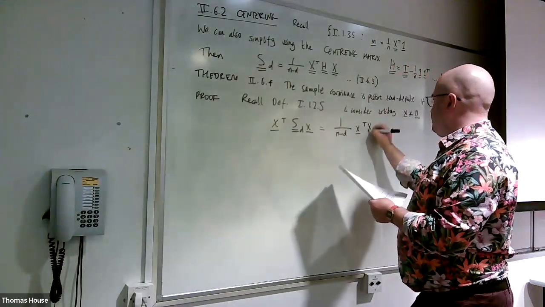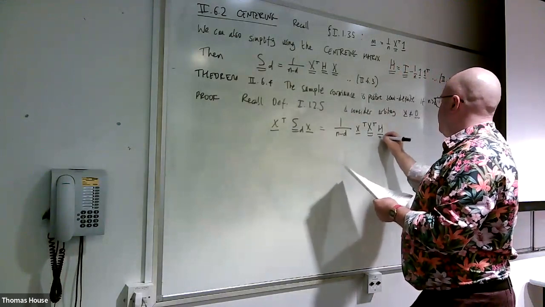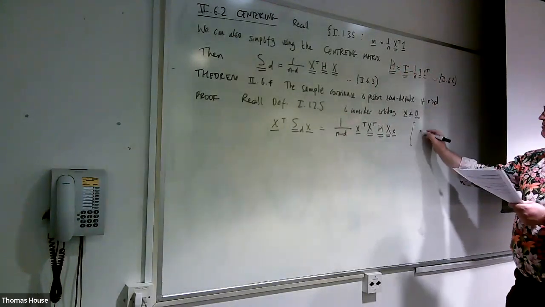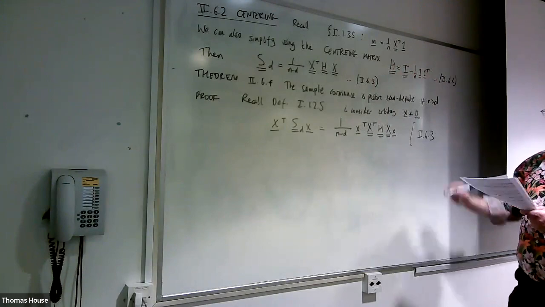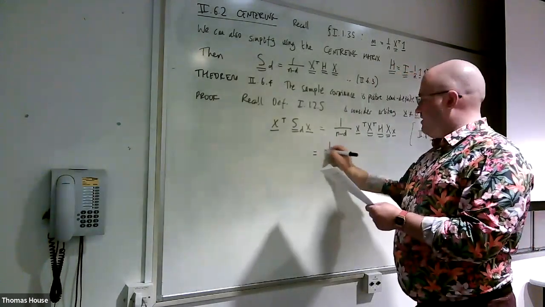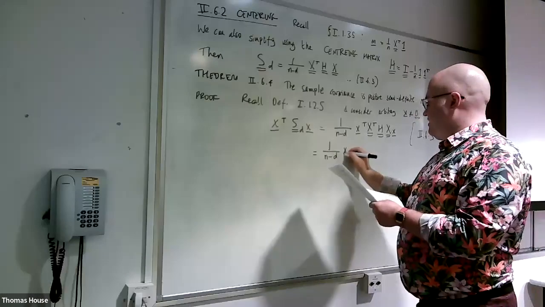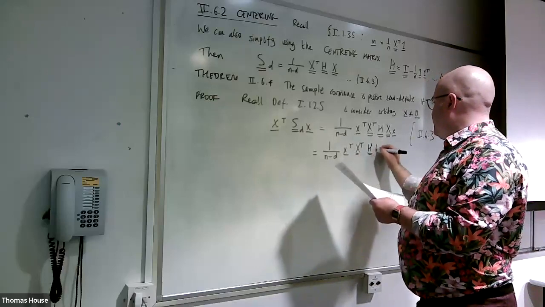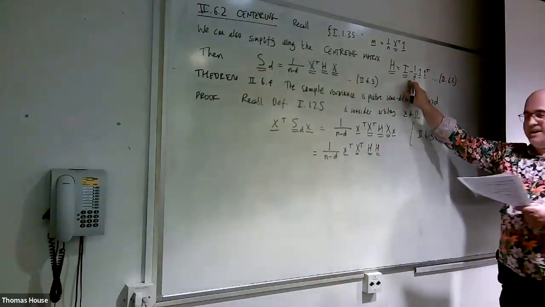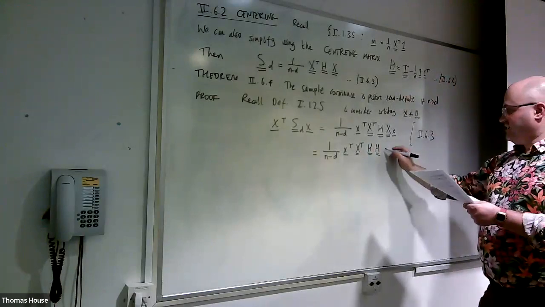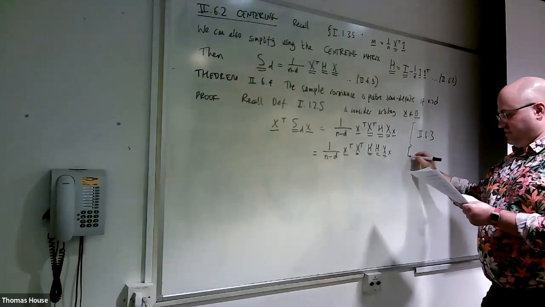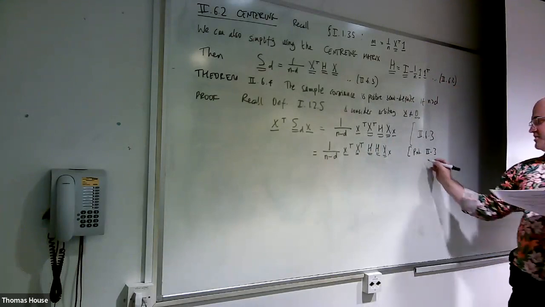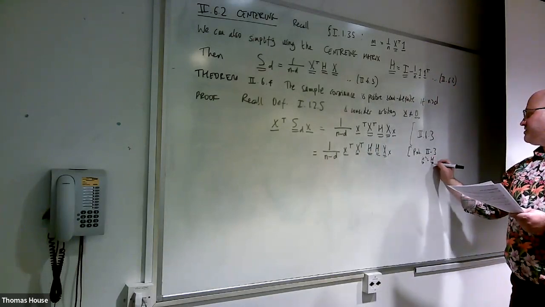Let's write it out in full. That's from equation 2.6.3. So then that's 1 over n minus d x transpose H transpose H x. It turns out that H squared is equal to H. We're going to show that in the problems, problem Q3.